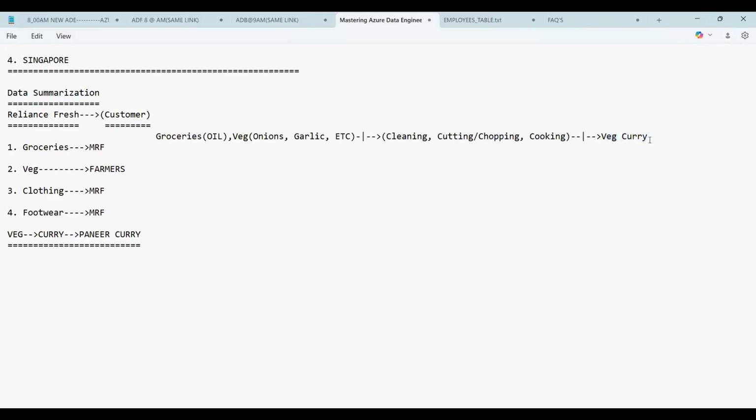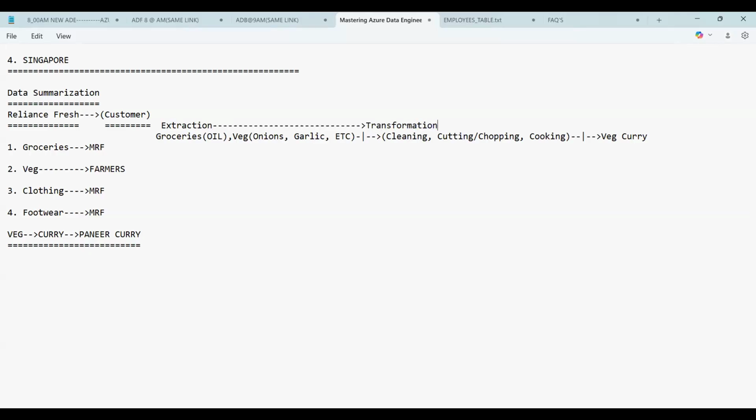So you have divided this particular task into three stages: getting the things required, preparing them for cooking, and cooking and making the vegetable curry. In the same way, technically, this process is called what, guys? Exactly, extraction.